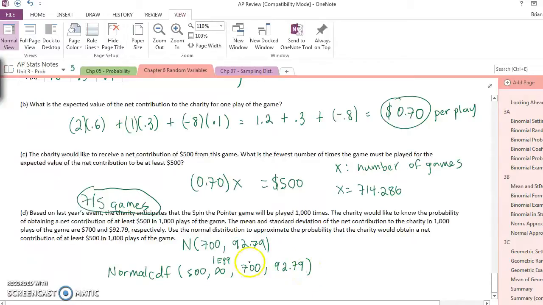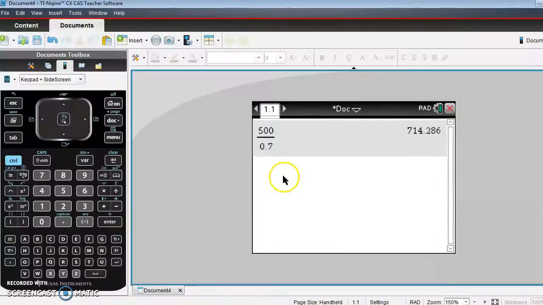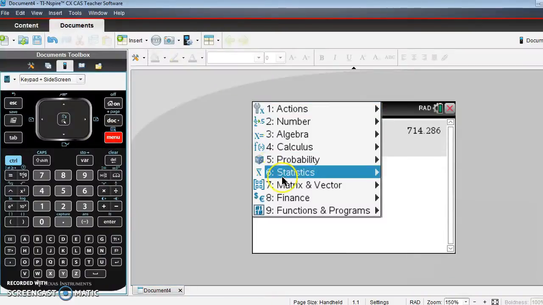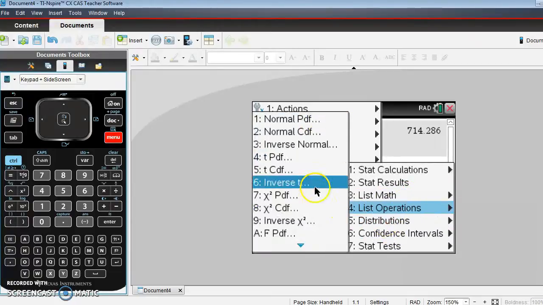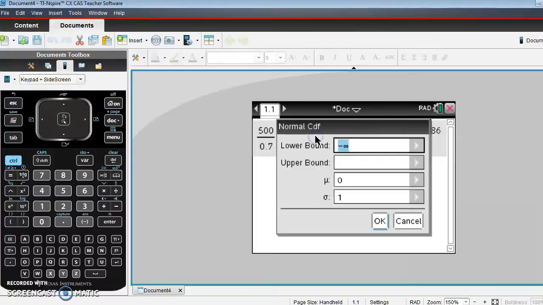And you want to label this as your mean and standard deviation. And if we go to our calculator, let's see what we get. I'm hoping that you don't have to justify it. If it says justification, that would be kind of bad for us.